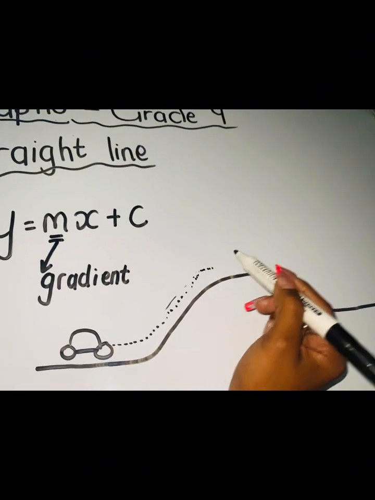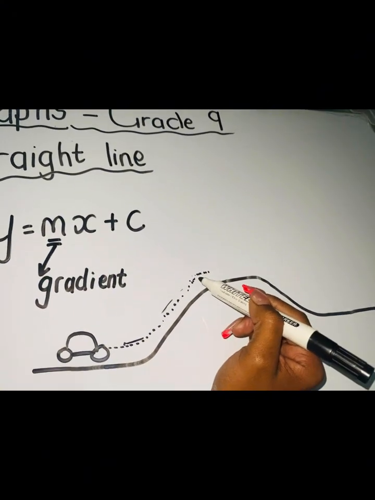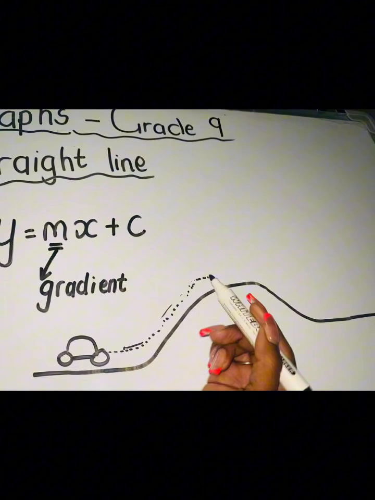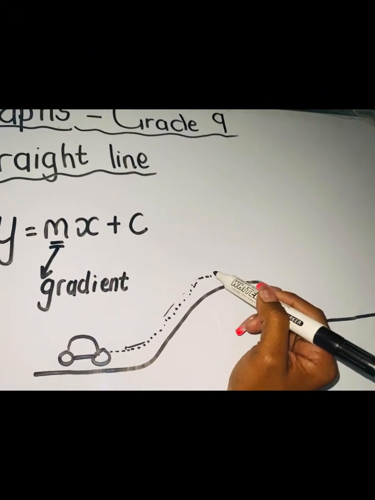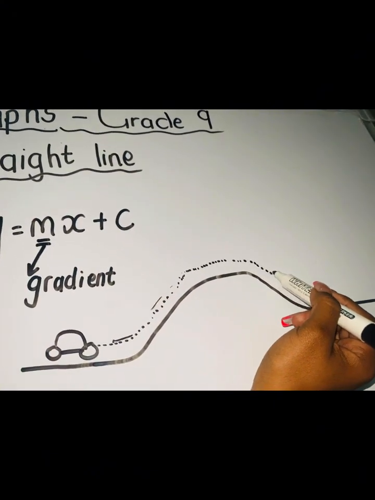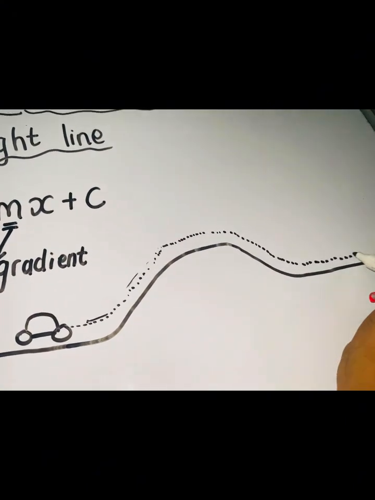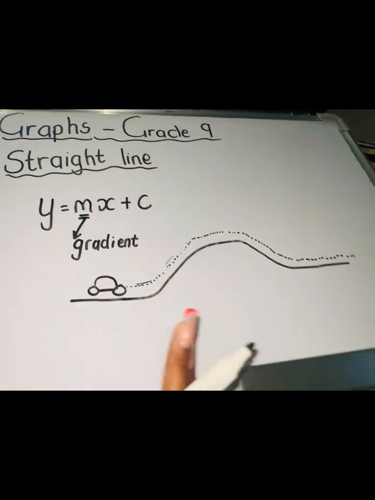Right, so as you drive now, this road gets very steep. Do you see that? Yes, it gets very steep, meaning it's going up, and then as it goes down, the steepness starts decreasing, and then as it decreases, it becomes normal. Do you see that?